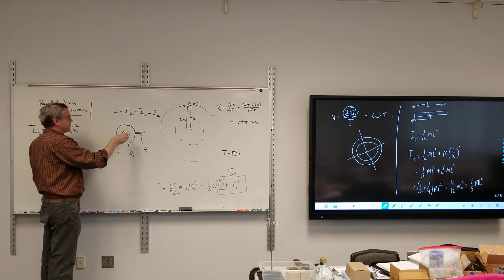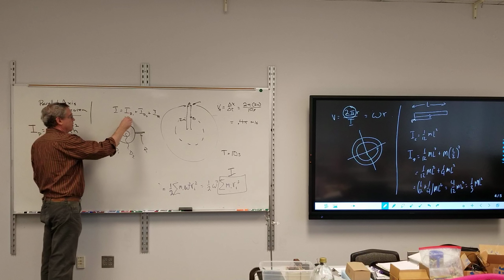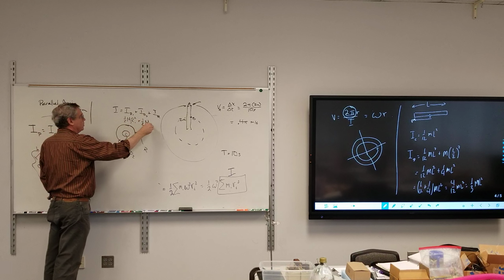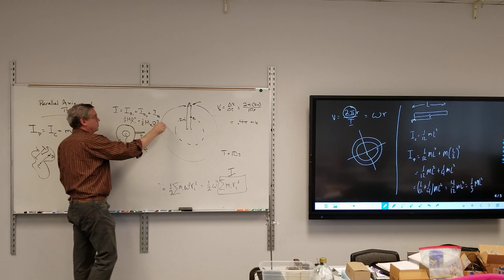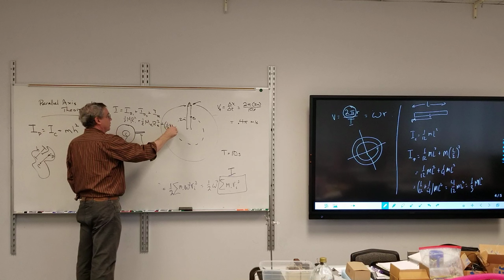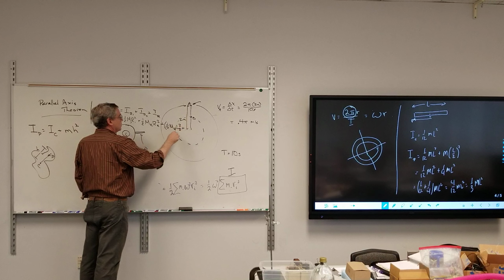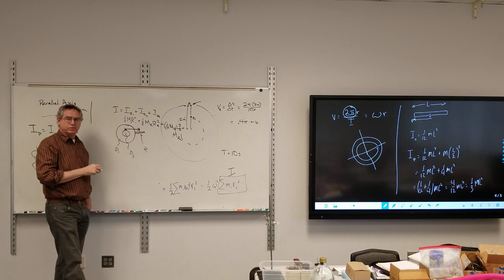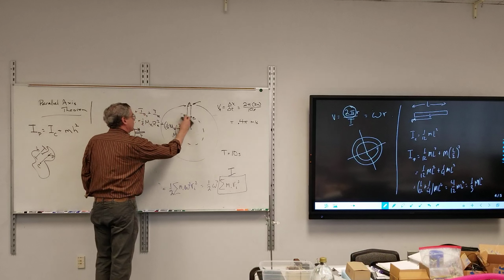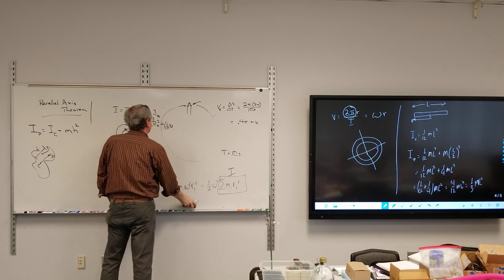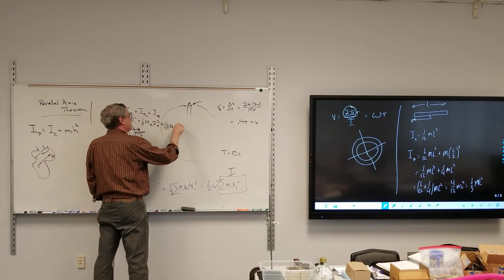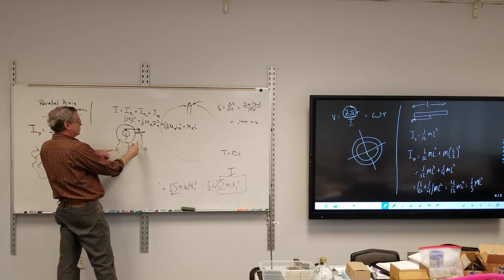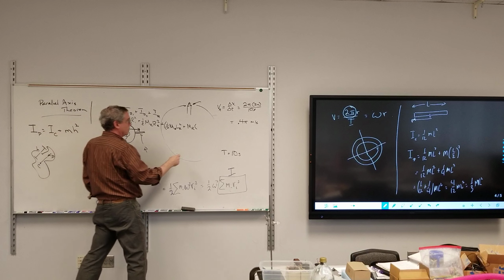The moment of inertia of disk 1 would be 1/2 m1 r1 squared, plus 1/2 m2 r2 squared, plus the rod, which would be 1/12 mass of rod times length of rod squared, plus mass of rod times the distance that the axis shifts, which would be half the length of the rod plus the radius of the large disk.